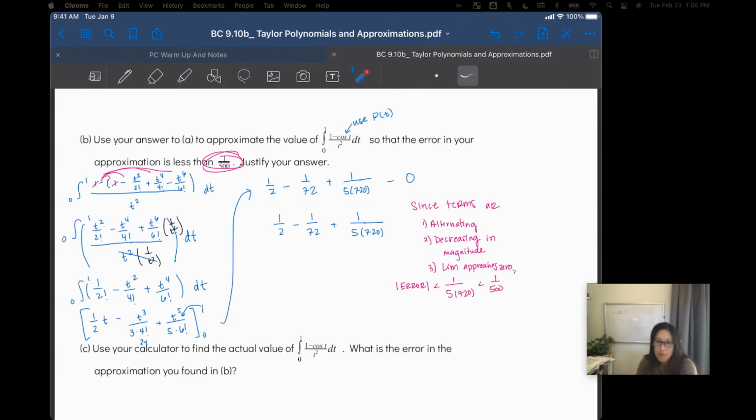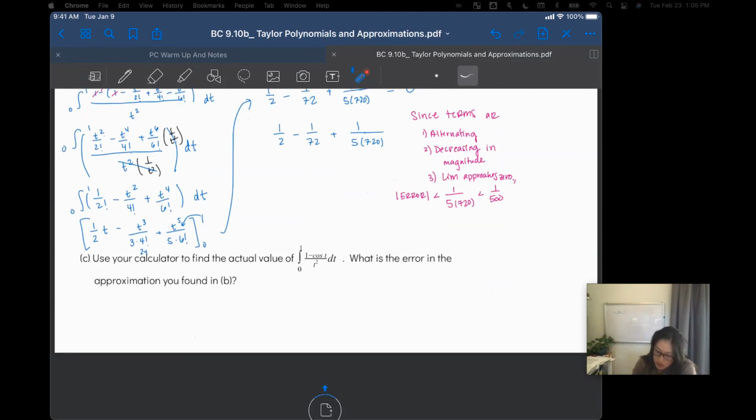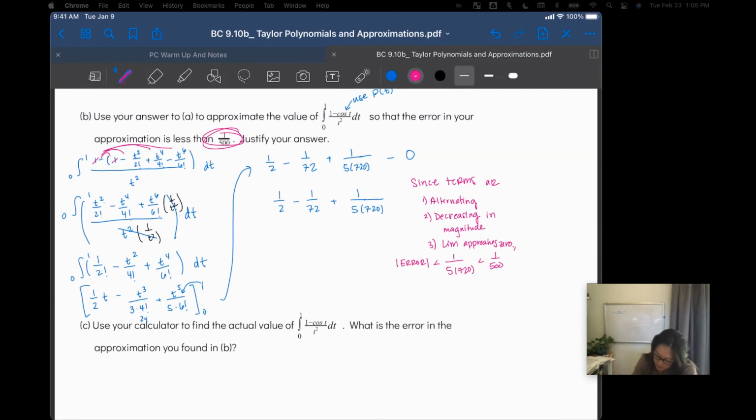So we're good. Okay, so back to our answer, we don't want this term because it is already less than 1 over 500. So I only need to add up the first two terms. So I need to add 1 over 2 minus 1 over 72, which gives me 35 over 72. So this is an approximation.